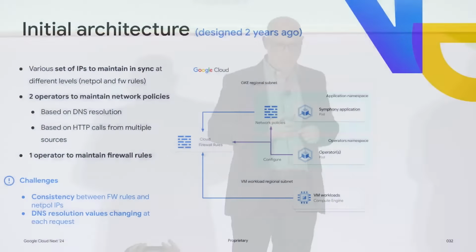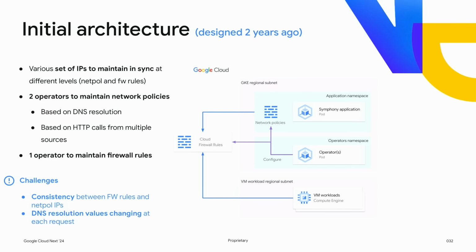So our initial design, before Secure Web Proxy, and you'll understand why we wanted to migrate to Secure Web Proxy, was this: we need to maintain a set of IP addresses that we need to reach out to, and at the same time maintain the network policies in our estate to control the outgoing traffic, and the firewall. So what we did, we invested in building operators, in the sense of Kubernetes operators, and we managed DNS resolutions, HTTP calls, and so on and so forth.